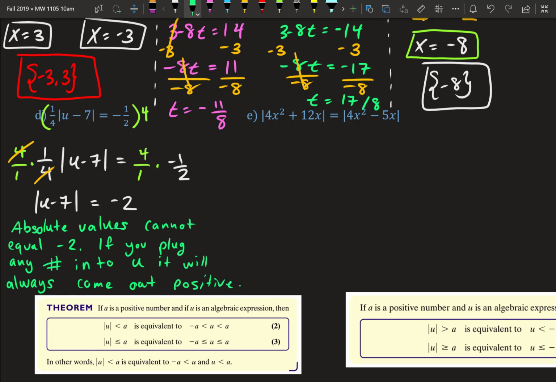So if you plug any number into u, it will always come out as positive. So try it. Just pick any number for u. So any number you want, plug it in as u, and simplify. So I'm going to pick 1. If I plug in 1 as u, I have 1 minus 7, which is negative 6. But what's the absolute value of negative 6? Positive. It's not going to equal a negative number. So since it cannot be, it's impossible. When something's impossible in math, or impossible for what we know right now, we say no solution. And that's our answer.